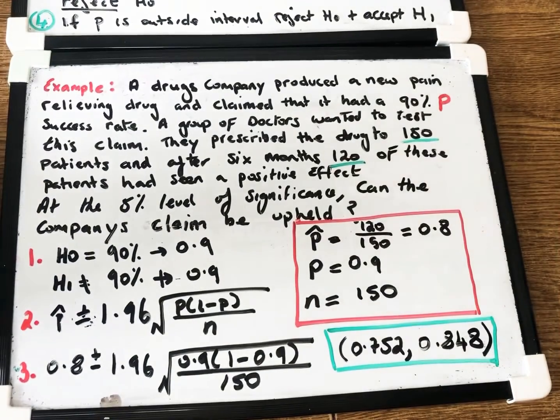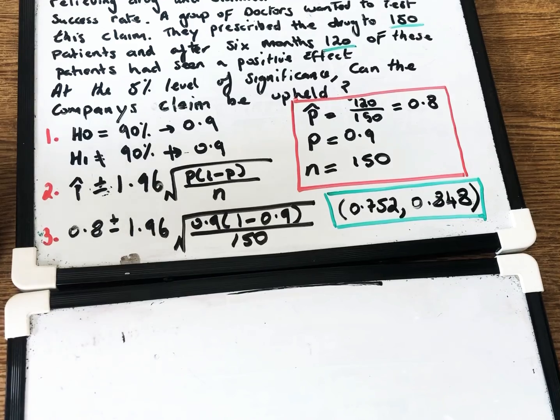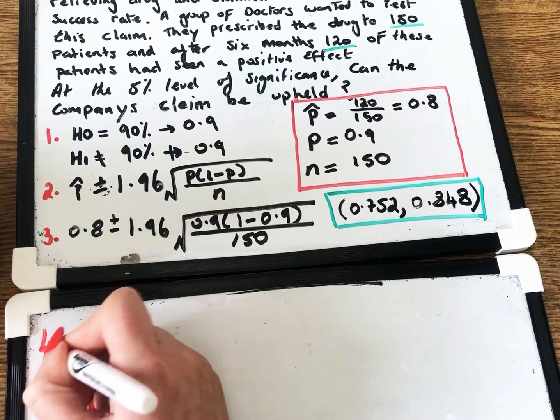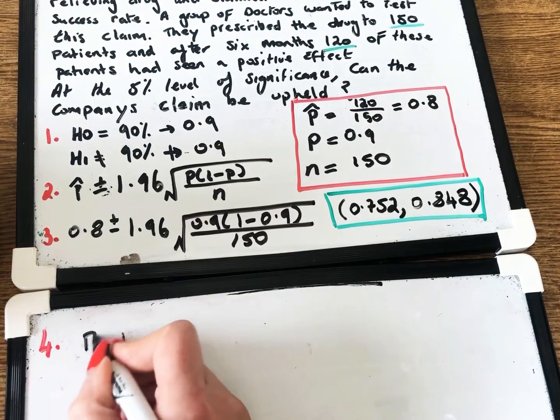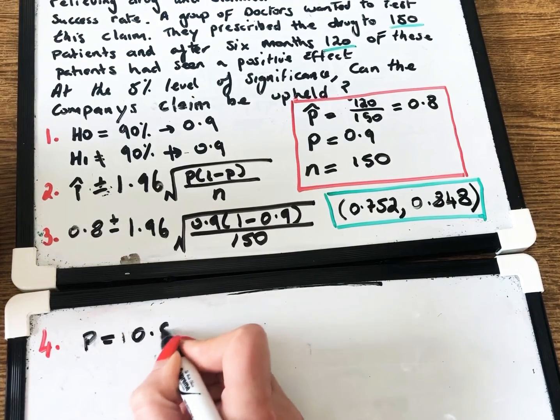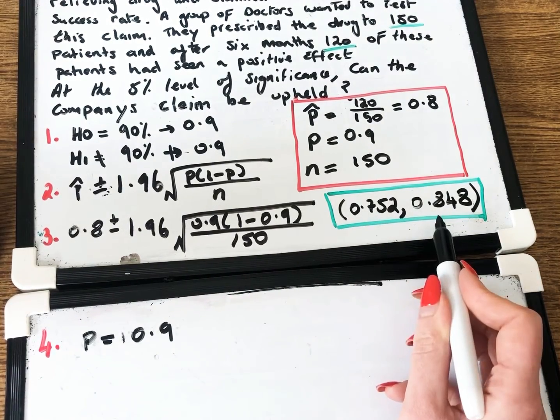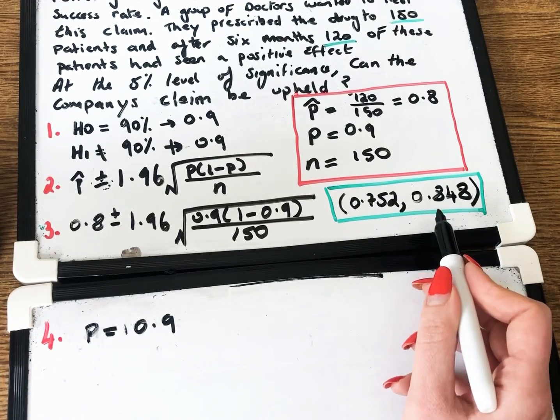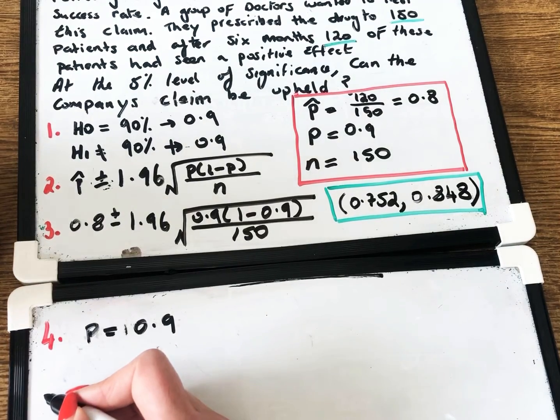Now we're on to the fourth part, where we have to say whether we're going to accept or reject. Well, p, as we know, is equal to 0.9. That is our population proportion. And we can see that 0.9 is not within the interval. So in this case, we are going to reject the null hypothesis H0 and accept the alternative. Let's write that down in word format.